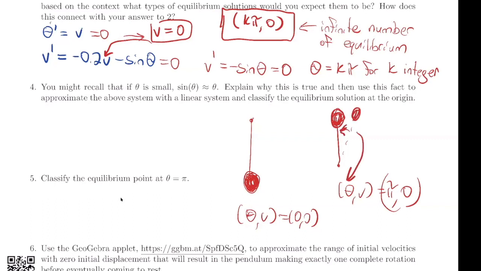It's going to move to its bottom position. So that's why it's unstable. So we would say it's stable if it moves back towards that equilibrium. We say it's unstable if it moves away from it towards another equilibrium. Okay, thanks. Yep.